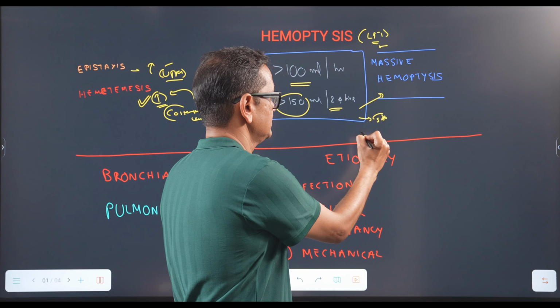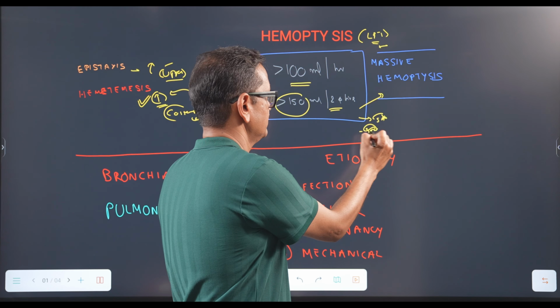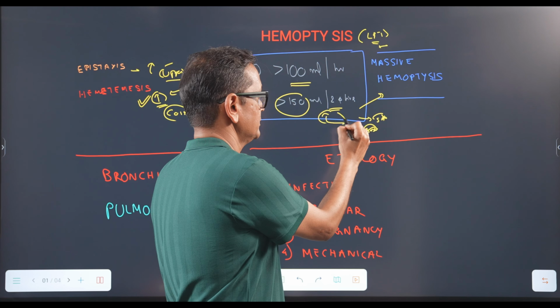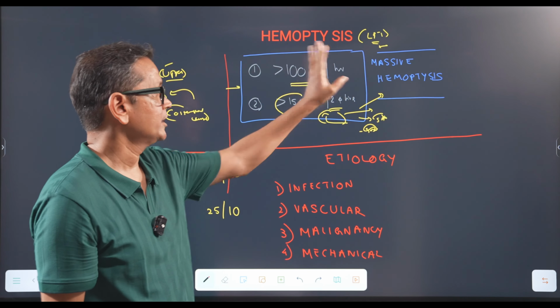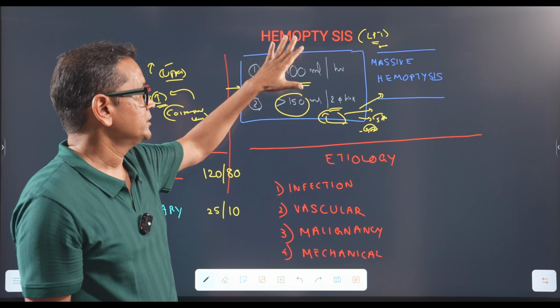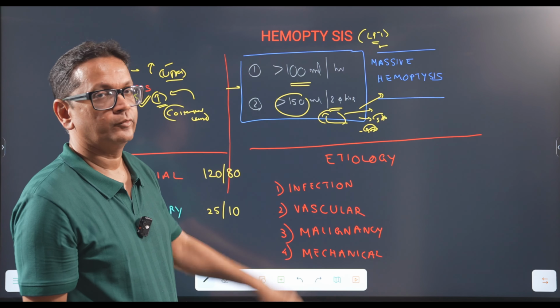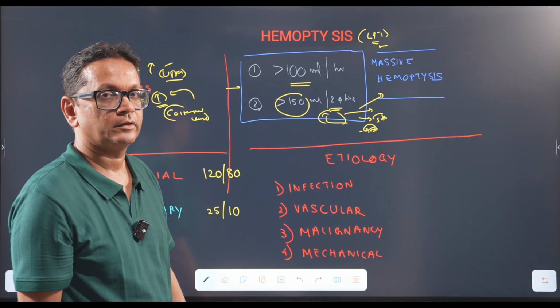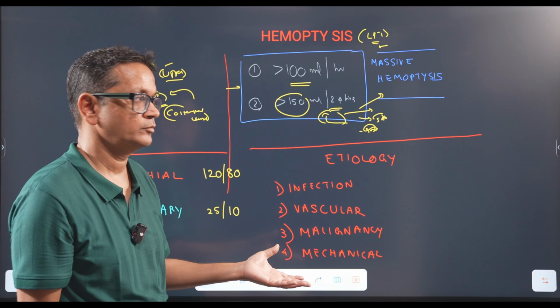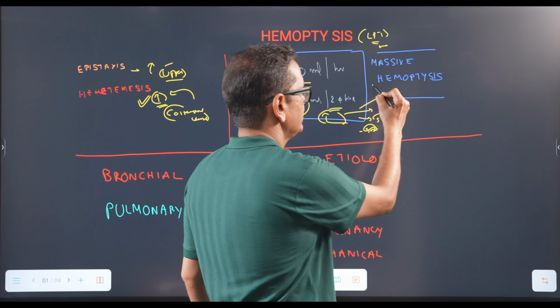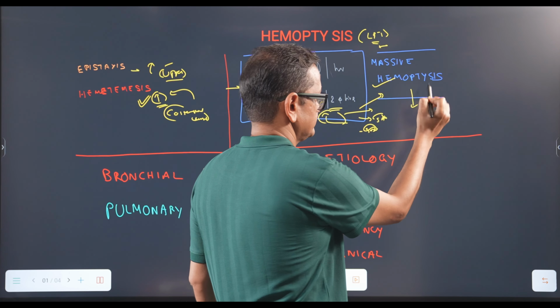That means 5000 ml. After 150 ml has already gone, the patient has attended our hospital and is still having hemoptysis. So if you suspect these two, more than 100 ml per hour or a history of more than 150 ml in the previous 24 hours at home, immediately evaluate for massive hemoptysis.